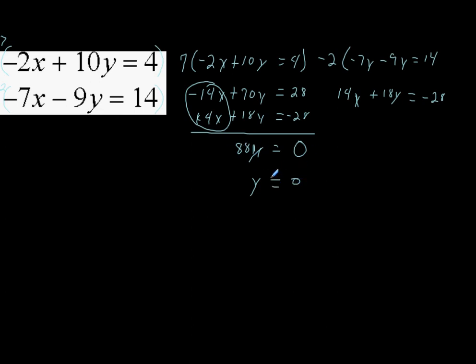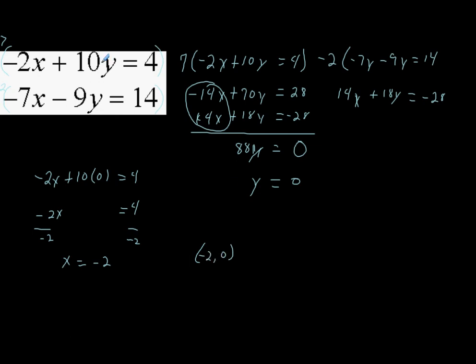With y being 0, take your value and plug it back into one of the original equations. Let's take the top one: 2x plus 10 parentheses 0 equals 4. So that's going to be negative 2x plus 0 equals 4. Divide by negative 2. You end up with x then equal to negative 2. The point where these two lines intersect is negative 2 comma 0.